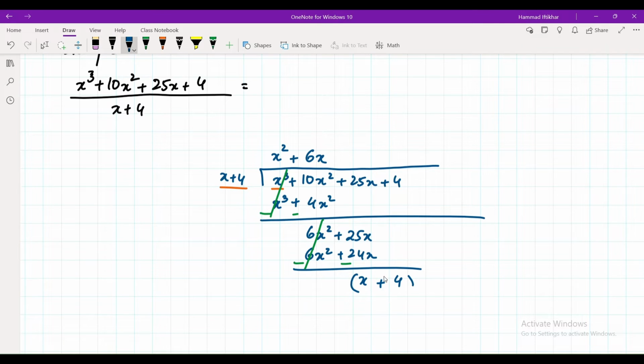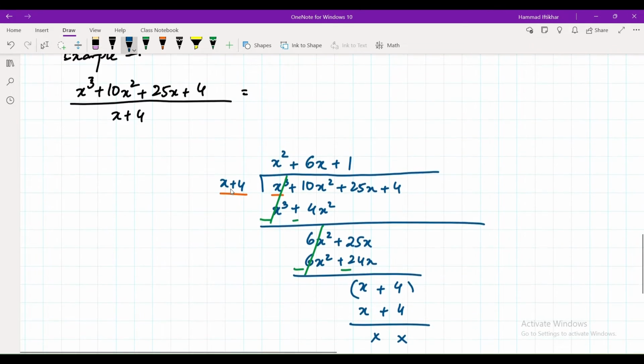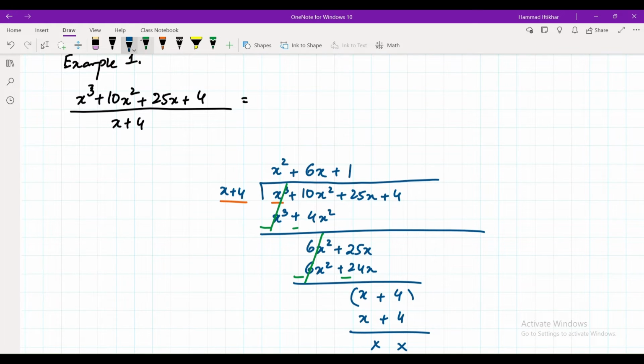Now, for this, we just need to multiply by 1. So 1 times x, 1 times 4, we'll be left with x plus 4, and we will have a 0 remainder. So what we have over here is, first off, x plus 4 divides this cubic expression evenly because there's no remainder. The quotient comes out to be x squared plus 6x plus 1.